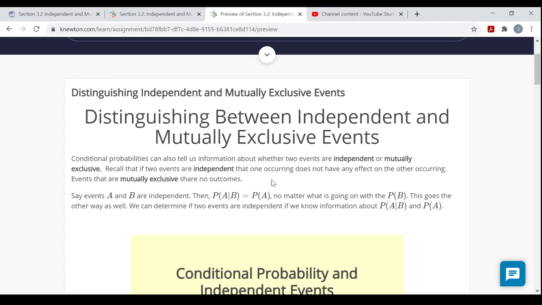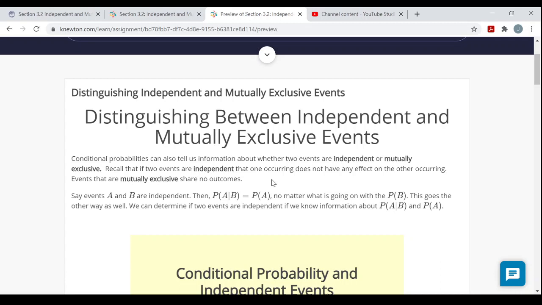For example, if I flip a coin twice, the probability of flipping a head on the first flip is 1 out of 2. So say the first flip was a head. The fact that the first flip was heads has no effect on what happens on the second flip. The probability of flipping a head is still 1 out of 2.